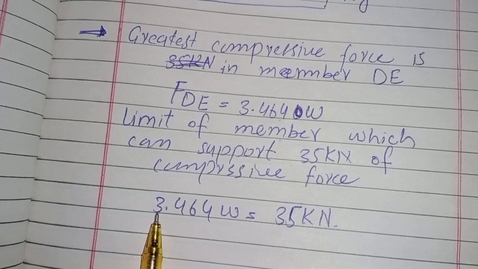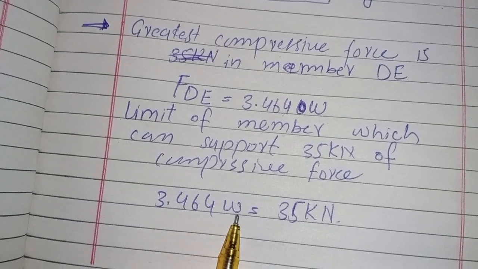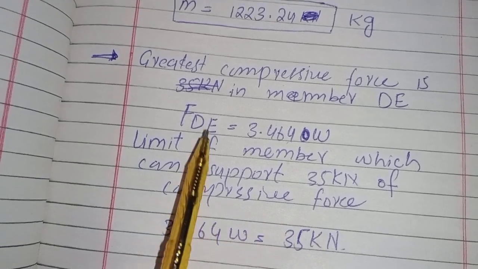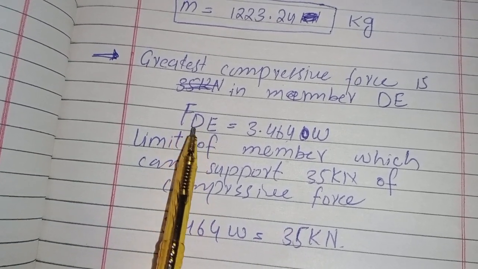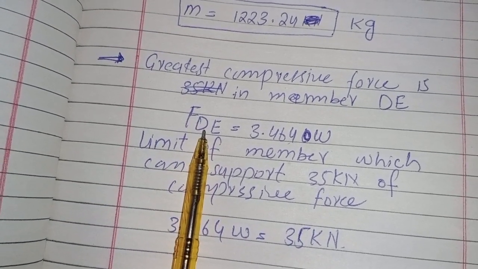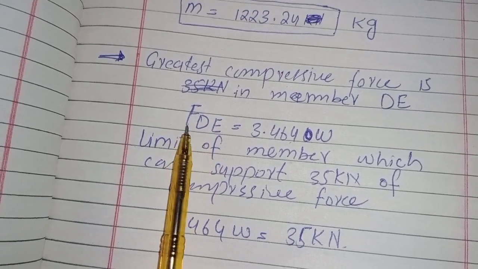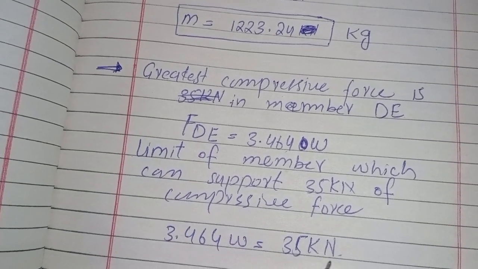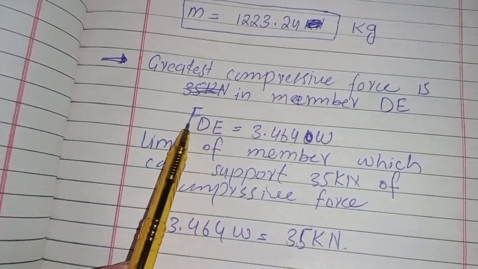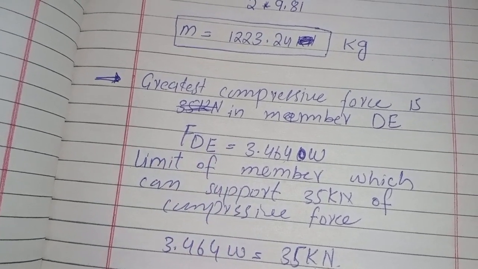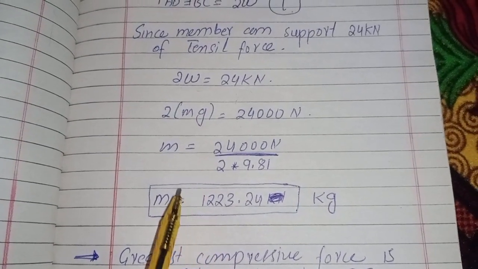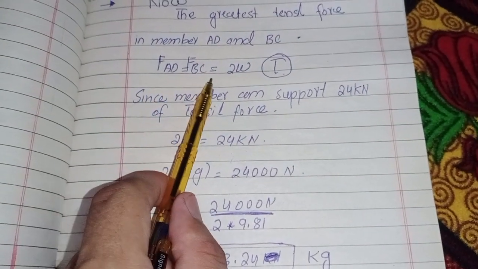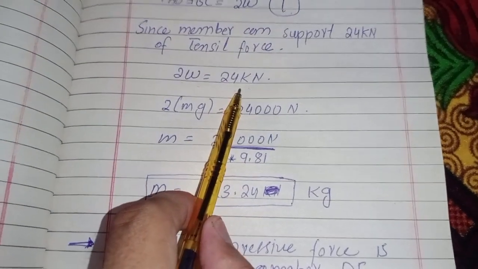So I can say that 3.464W equals 35 kilonewton. So the force in member DE is 35 kilonewton, and the force in members AD and BC is 24 kilonewton.